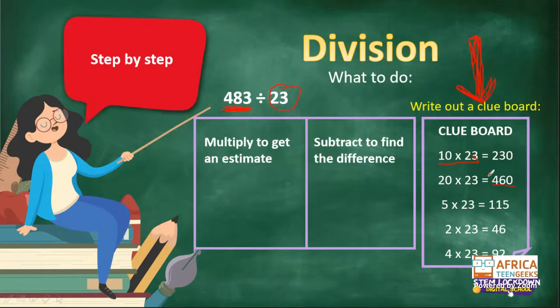The reason why I didn't double this number again is I don't need to get to 800 or 900. So I will stop right there. Just 10 times 23 and 20 times 23. Do you guys get it? Then to get to some smaller numbers, I will also include 5. So what's the easiest way to work out 5 times 23?